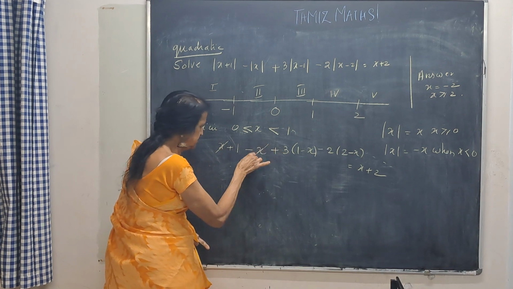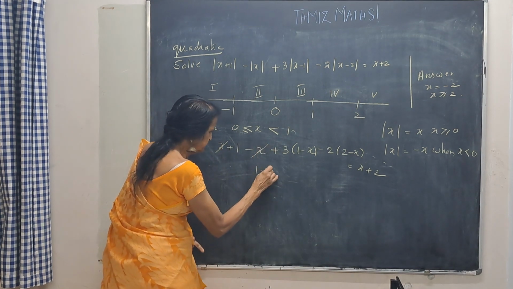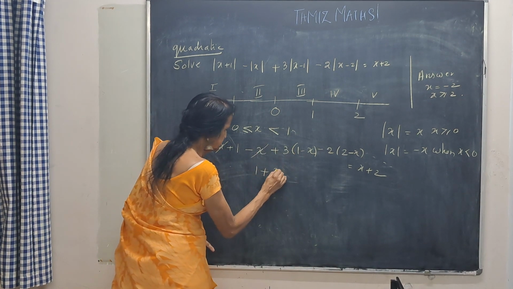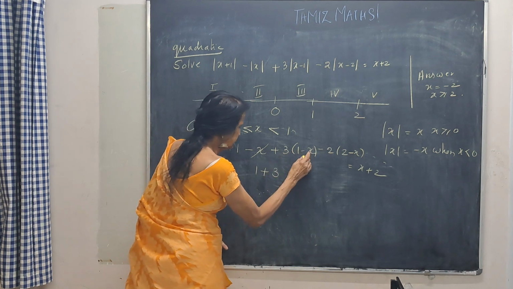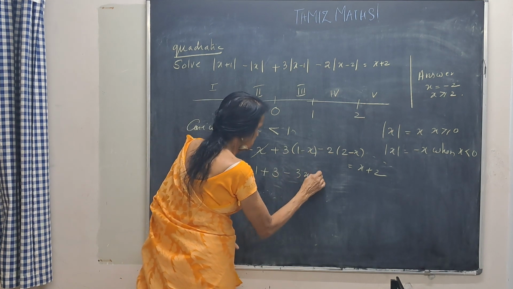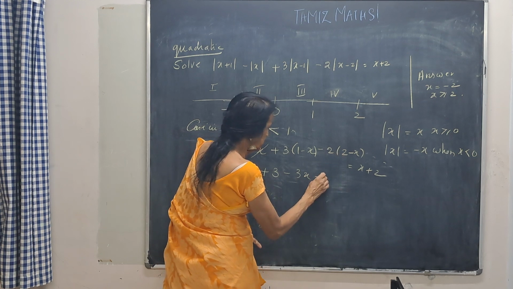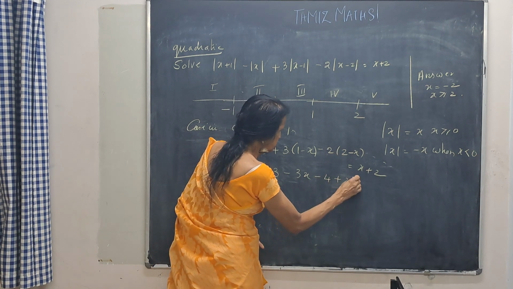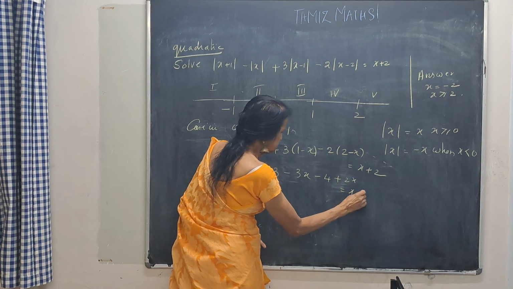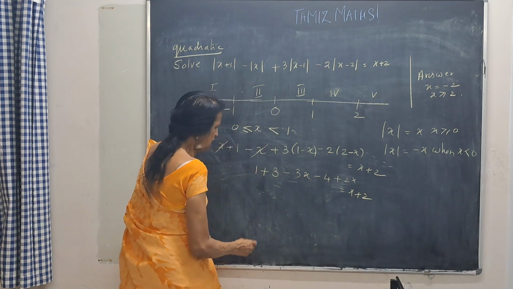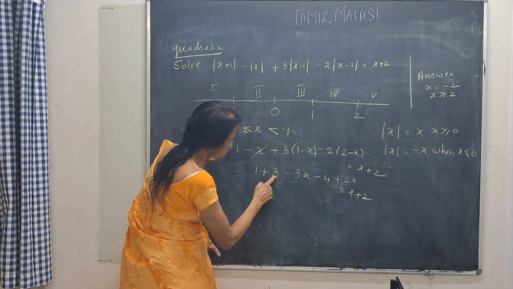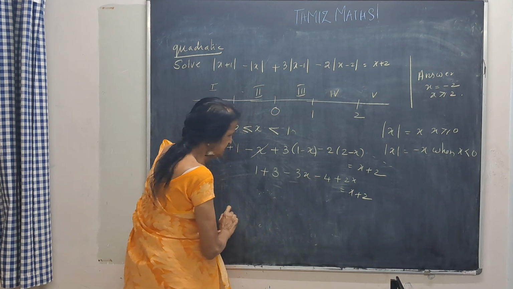X and x will get cancelled. 1 plus 3 into 1, 3. 3 into minus x, minus 3x. Minus 2 into 2, minus 4. Plus 2x is equal to x plus 2. Now 1 plus 3, 4. 4 minus 4 will get cancelled.